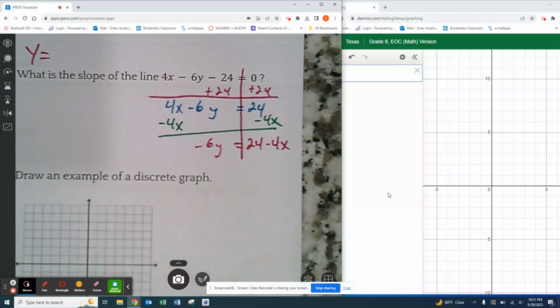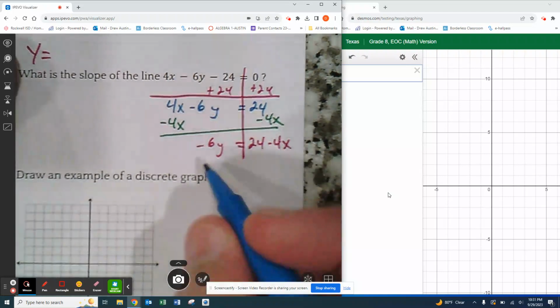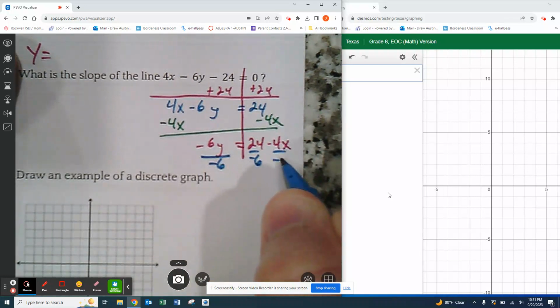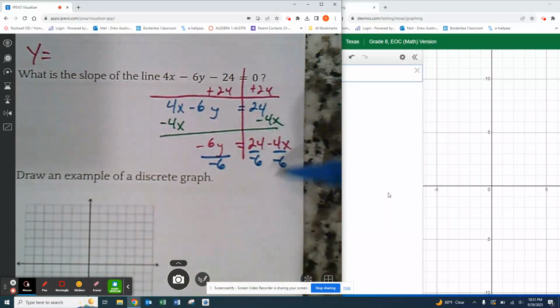Again, I'm not doing any arithmetic. Then I'm going to divide by negative 6 on each one of these. That's distribution, is what's going on right there.